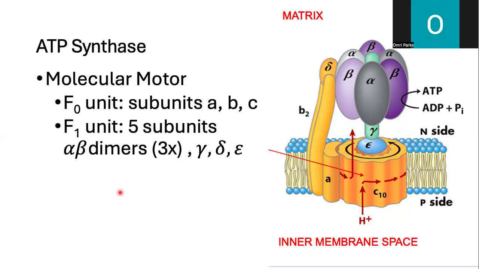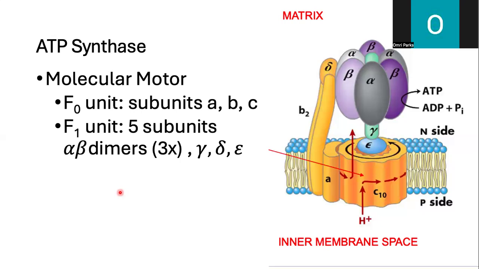The ATP synthase complex is said to be a molecular motor that converts energy associated with the proton motive force into a rotational force that causes a conformational change that results in ATP synthesis.